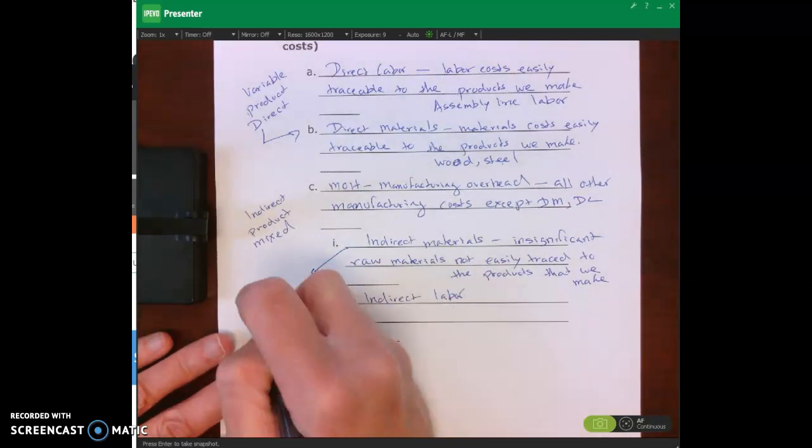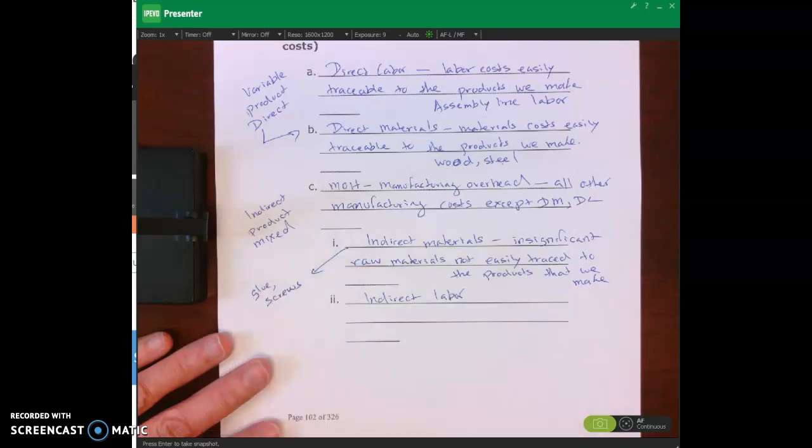An example would be glue or screws would be examples of indirect materials.